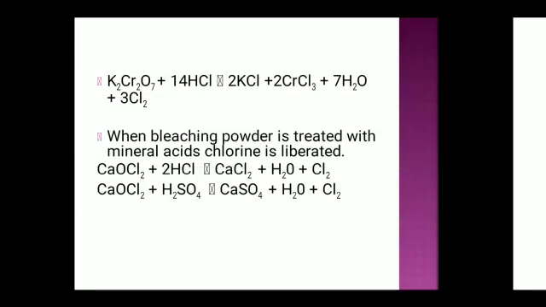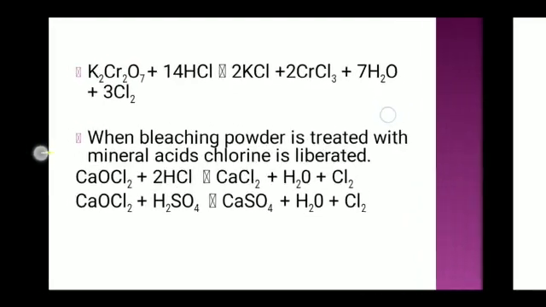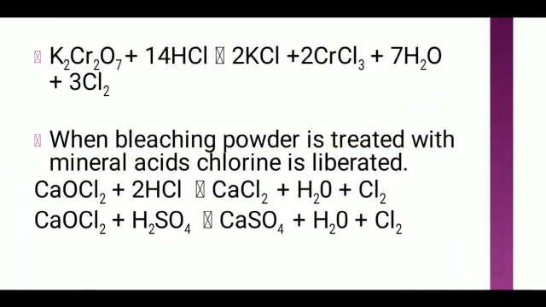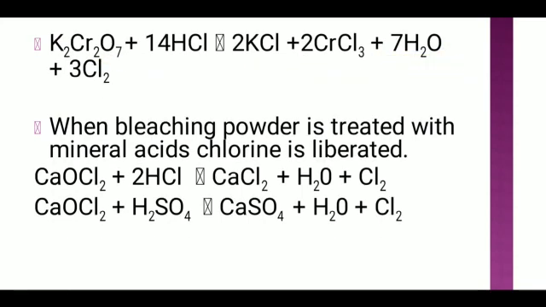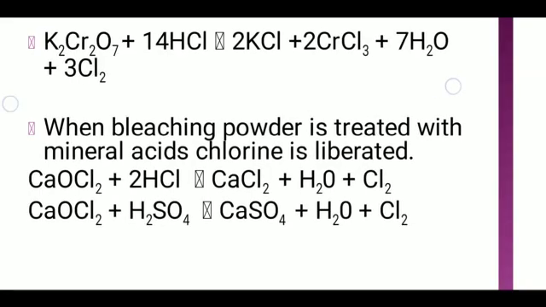Then with potassium dichromate, K2Cr2O7, hydrochloric acid reacts with potassium dichromate. The chemical reaction is K2Cr2O7 plus 14HCl, it gives us 2KCl plus 2CrCl3 plus 7H2O plus 3Cl2.